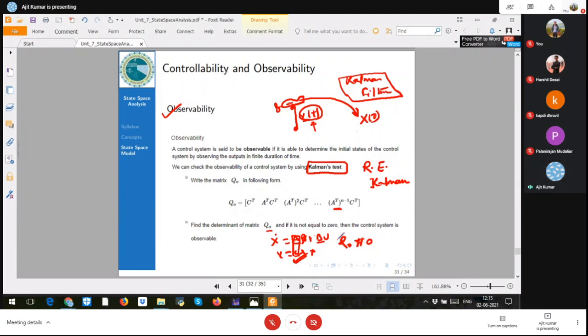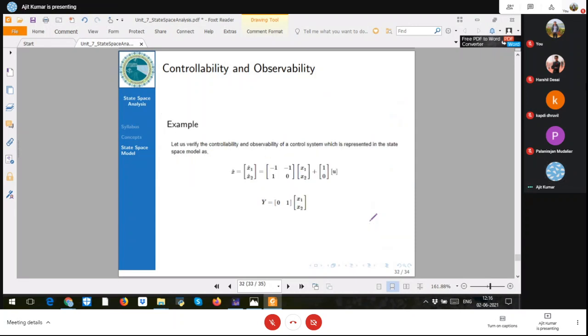It also says that the Q naught matrix is a full rank matrix. If it is a full rank matrix, then only your system will be observable, because the determinant is not equal to 0, and that infers it is a full rank matrix in case your system is observable. So let's try to understand this with an example.